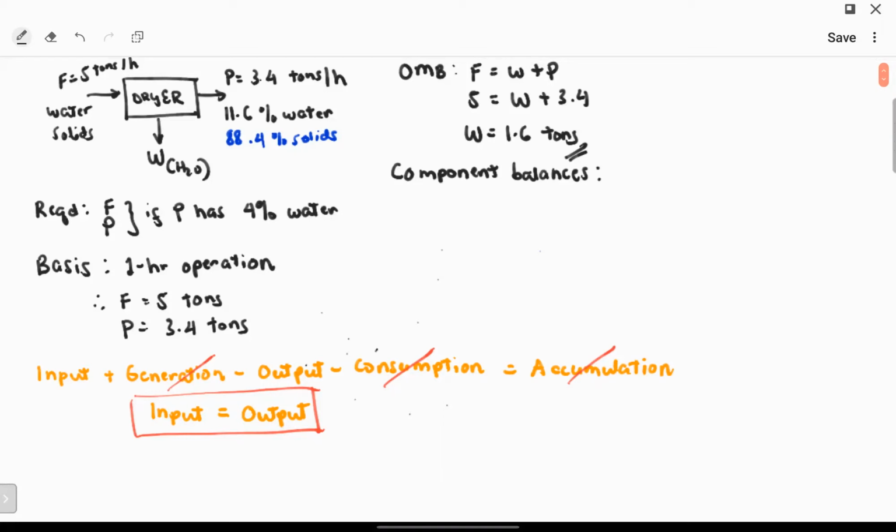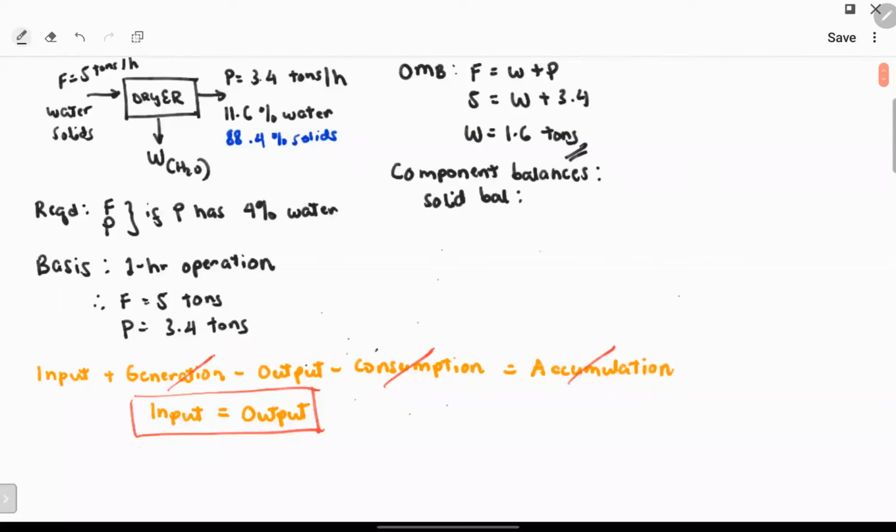So there are only 2 components in the process, solid and water. So you can do a solid balance or you can do a water balance. Normally, in that case, one component balance is enough, alright? But sometimes, in other problems, you need to complete all the component balances. So let's have the solid balance.